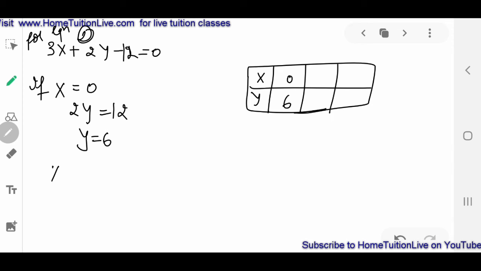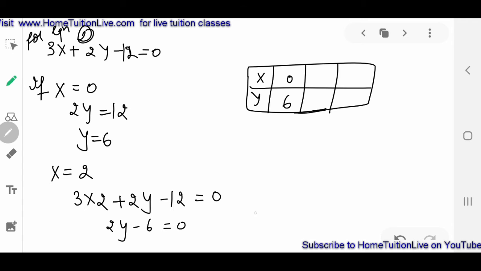If x is equal to 2, 3 into 2 plus 2y minus 12 equals 0. That is 2y, 6 minus 12 equals 0, y is equal to 6 divided by 2, that is y is equal to 3. If x is 2, y is 3.